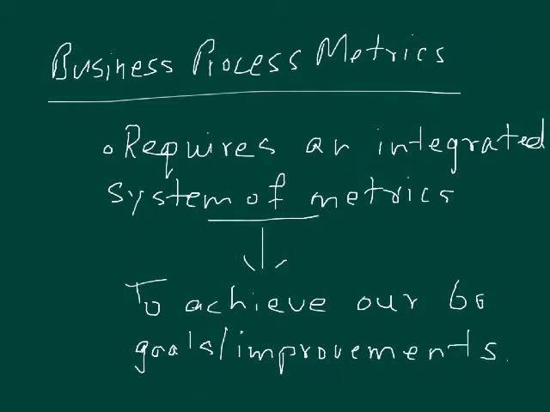To summarize, what's on this slide is the business process metrics. It requires an integrated system of metrics which is company-wide, and we need this to achieve our Six Sigma goals and whatever improvements we have put in place.